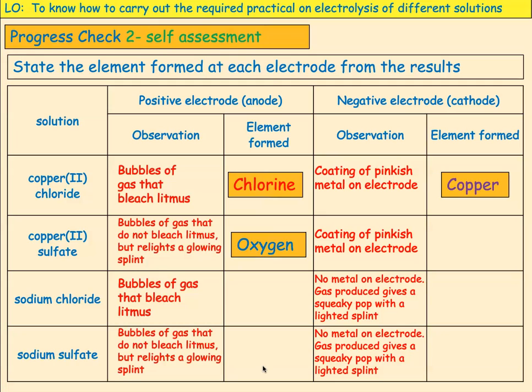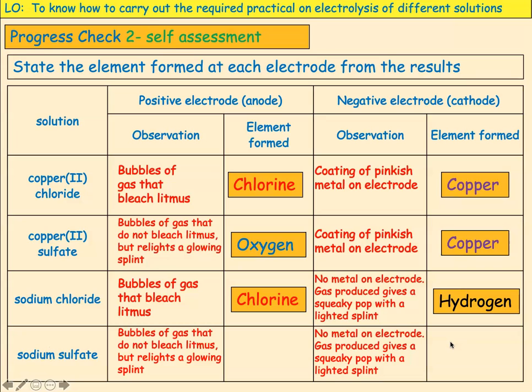Coating of pinkish metal on the electrode, again copper. Sodium chloride: bubbles of gas that bleach litmus, so again chlorine. No metal on the electrode, but the gas produced gives a squeaky pop, that is hydrogen. Bubbles of gas that do not bleach litmus but relight a glowing splint, oxygen. And no metal on the electrode, gas produces a squeaky pop with a lighted splint, hydrogen.